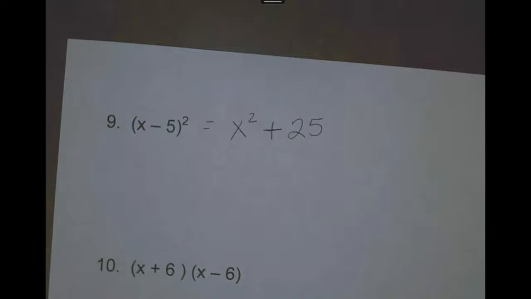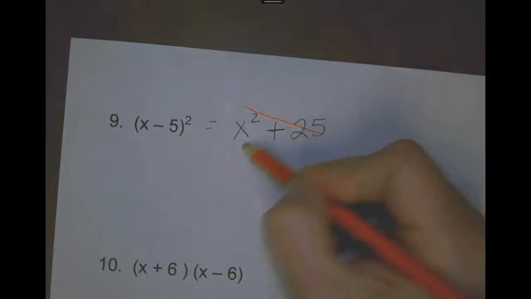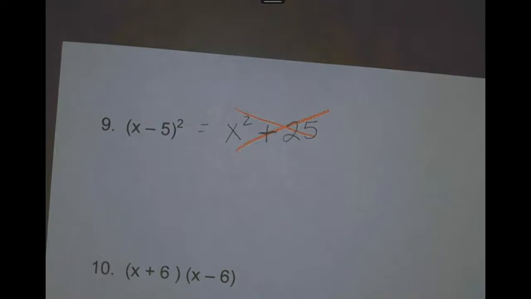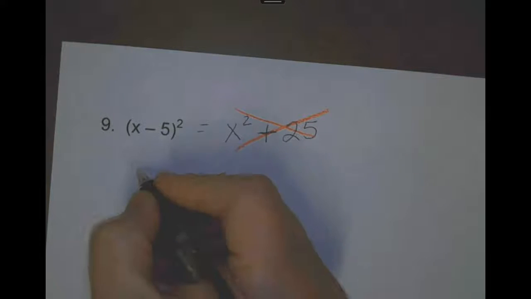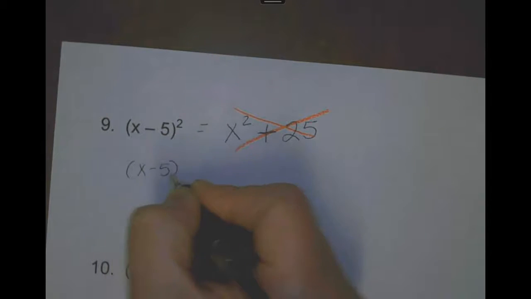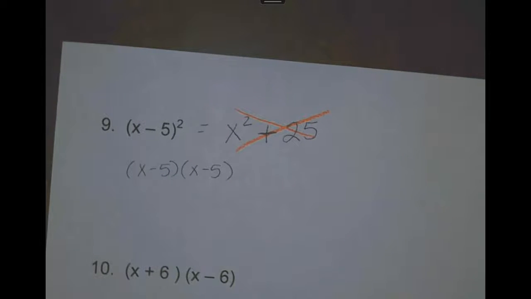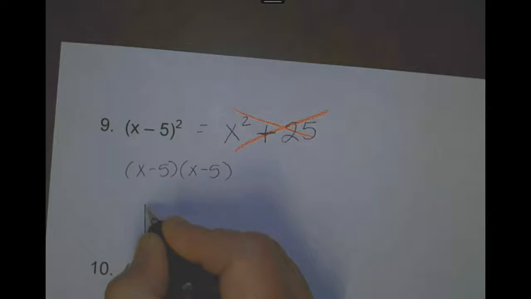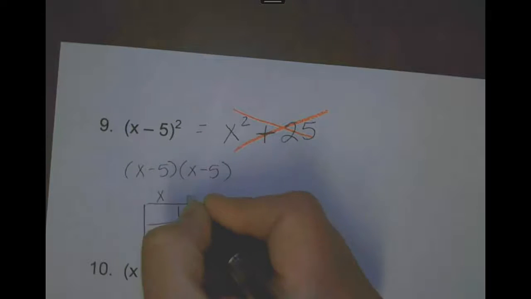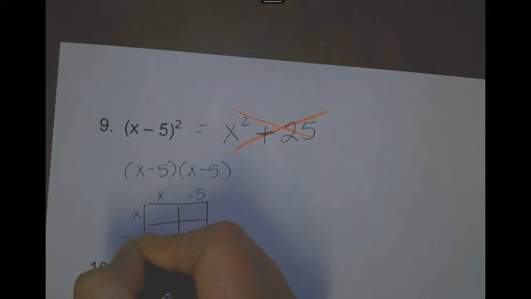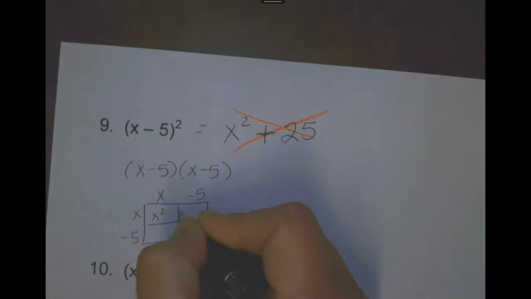No. Write it down on your paper and put a great big X mark on it, because x minus 5 squared is x minus 5 times another x minus 5. That's what it means to square it. You multiply it by itself. So multiply that out with either a box problem or FOIL.